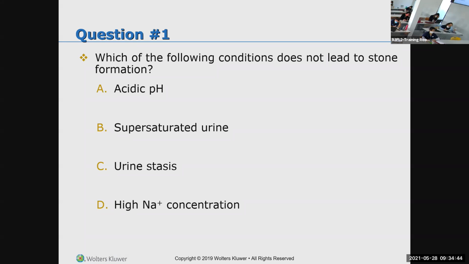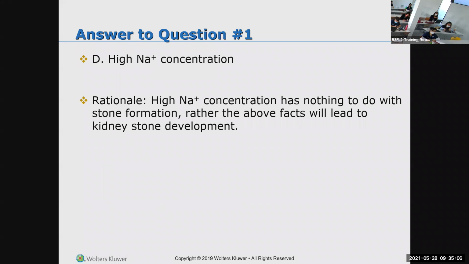But my pH, supersaturated urine becoming concentrated, or stasis or obstruction in the flow of urine lead to stone formation. So which of the following conditions does not lead to stone formation? I said except D, all of the above.